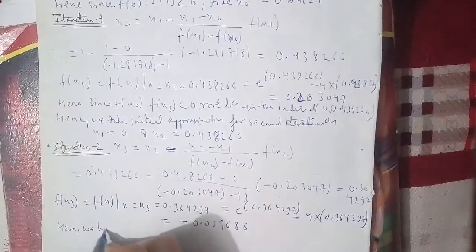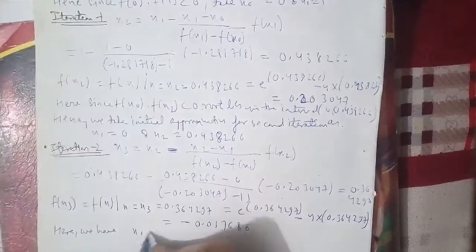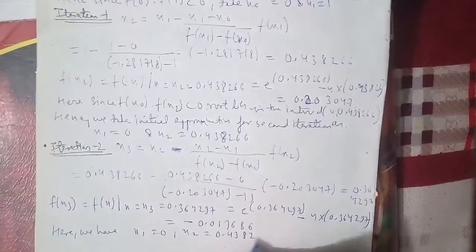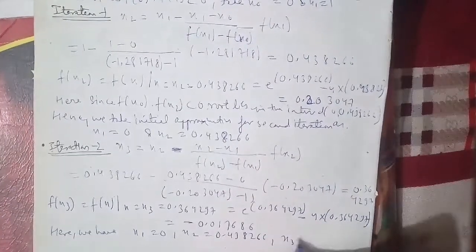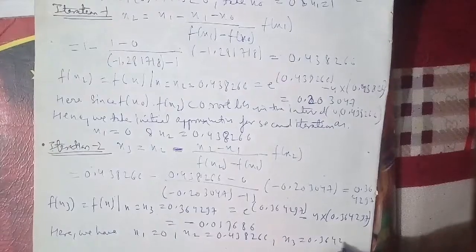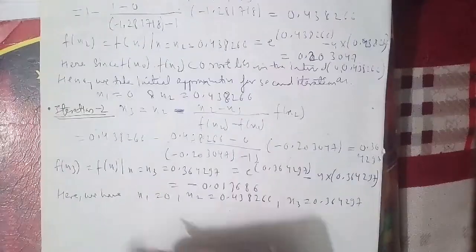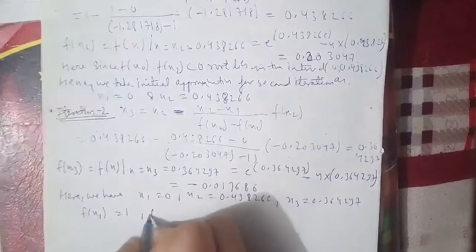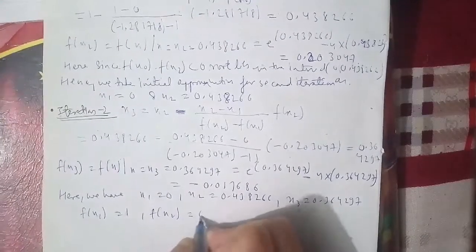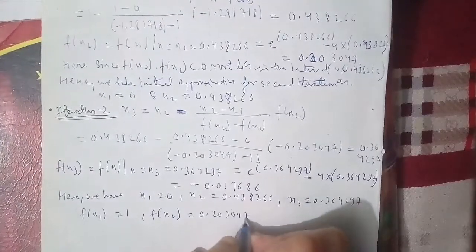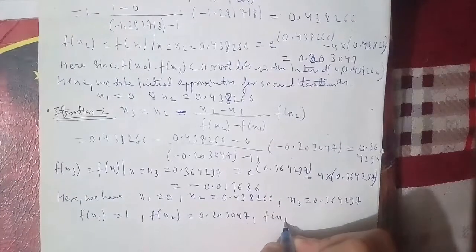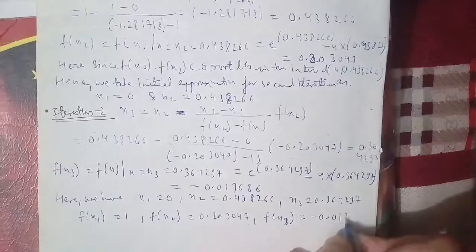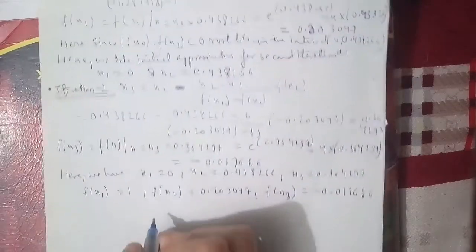Here we have x1 = 0, x2 = 0.438266, x3 = 0.364297, and f(x1) = 1, f(x2) = 0.203047, f(x3) = -0.017686.